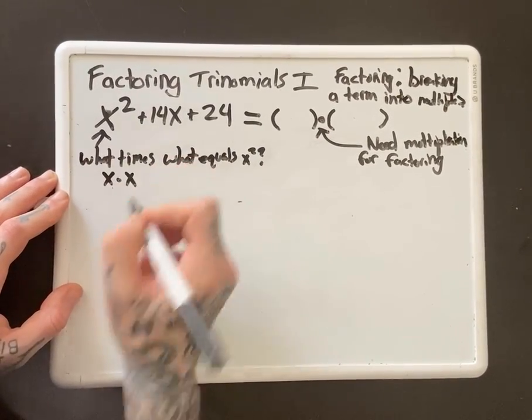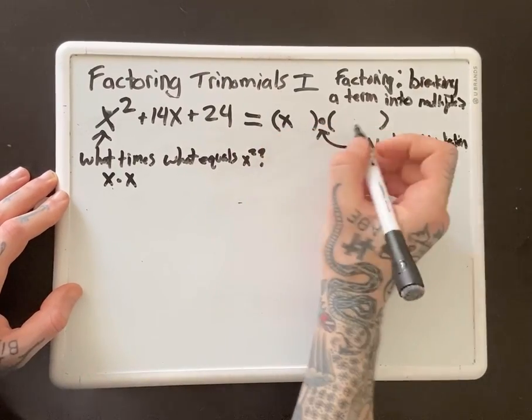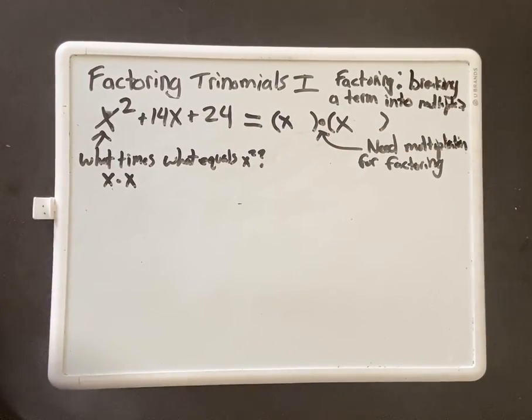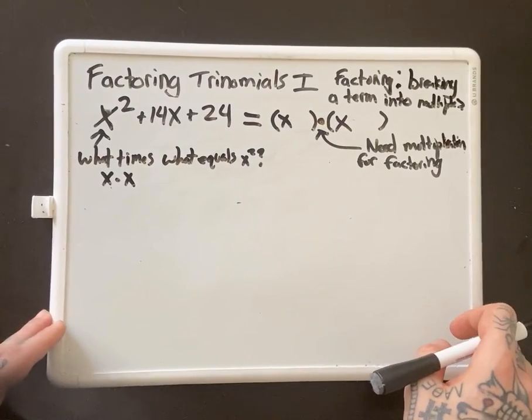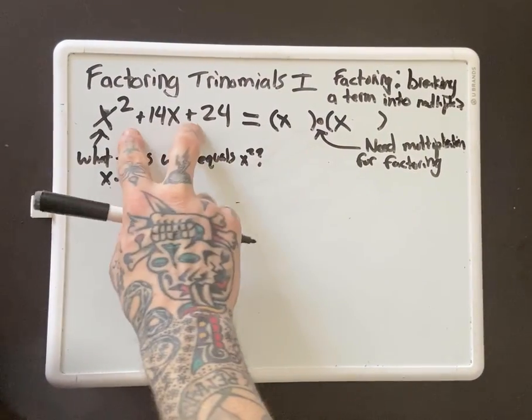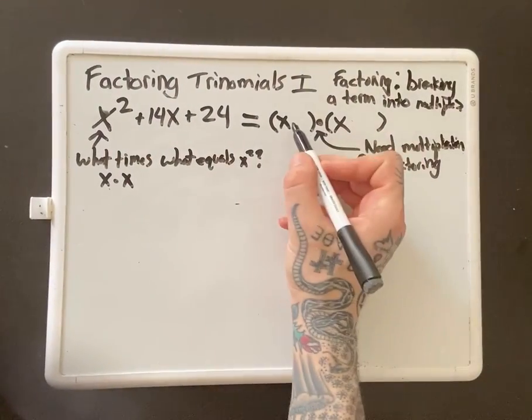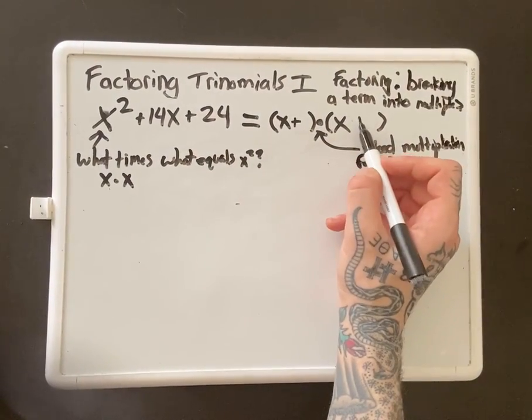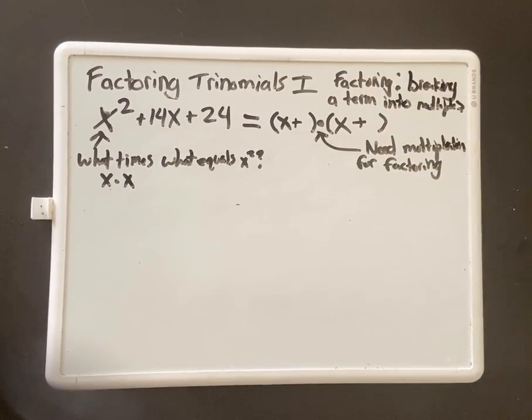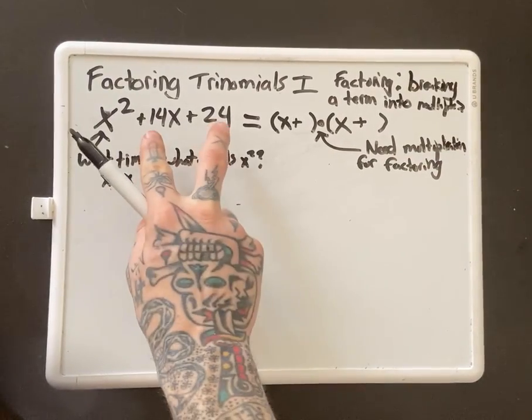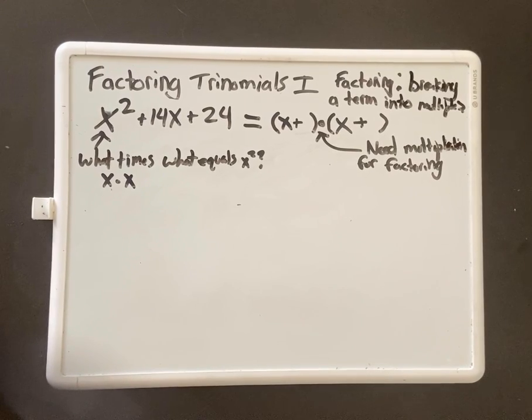X times x, okay? So we're going to put an x and an x here. We see that we have all addition here, so we're just going to put all addition here. I'll explain that more later. But for now, let's just focus on the number parts.